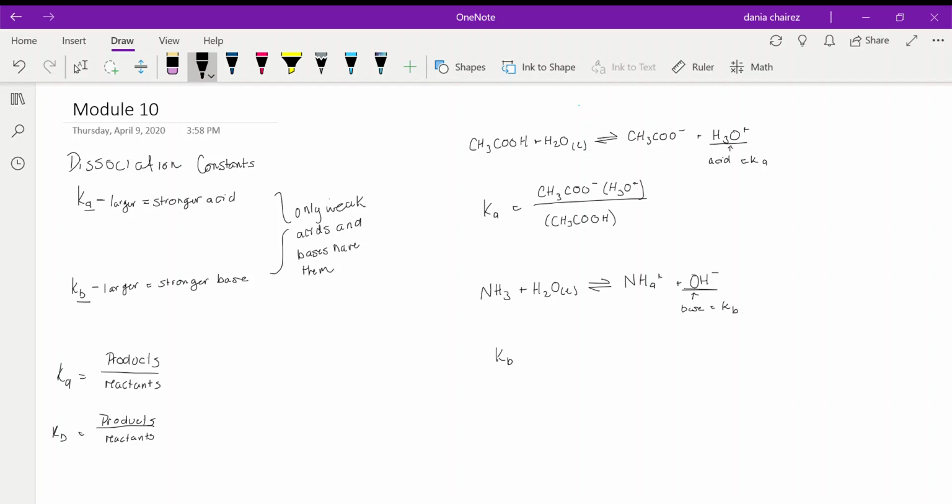So Kb is equal to NH4 plus times OH minus all over NH3. Parentheses on that. So that's it for writing the expressions. It's just products over reactants. You just have to keep in mind, if it's an acid, it's Ka. If it's a base, it's Kb.